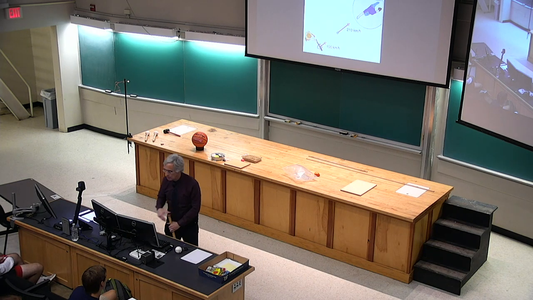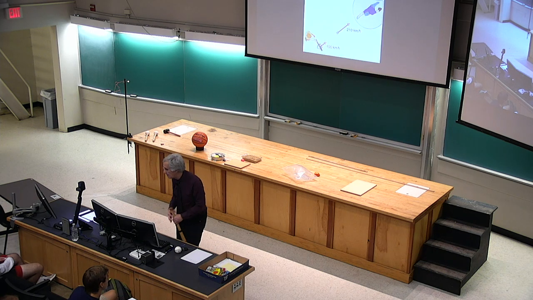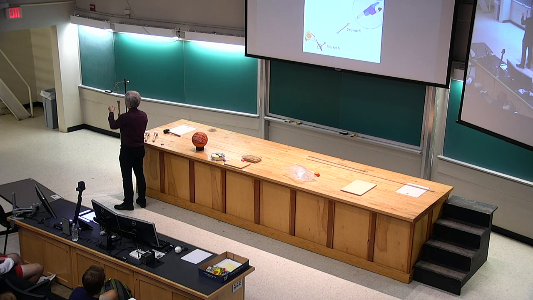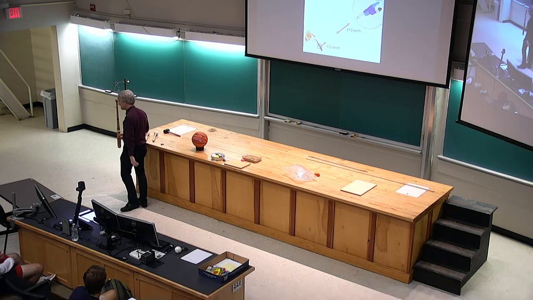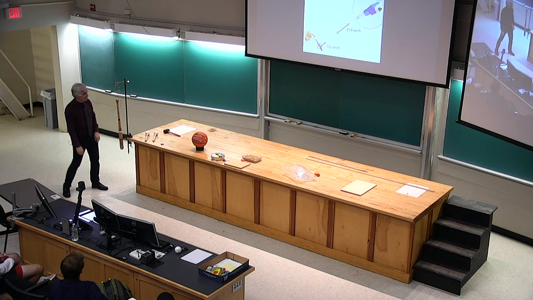Last tidbit to talk about with bats. The bat is not a completely rigid object. I started showing you this last time when I was looking for a musical instrument and focused on the bat. Bats are not perfectly rigid, they can flex.